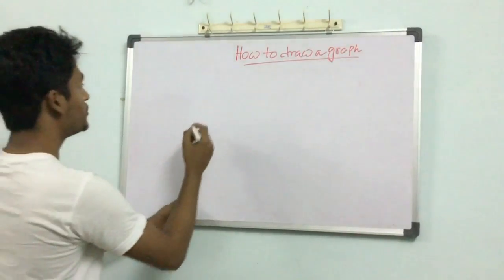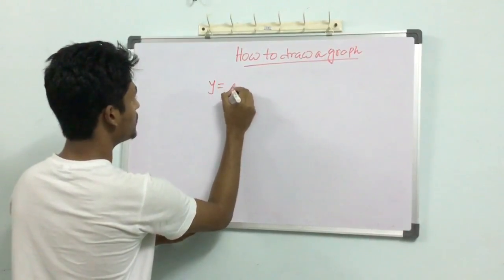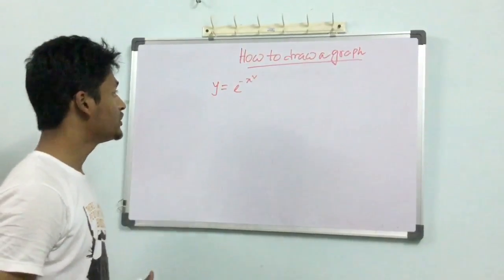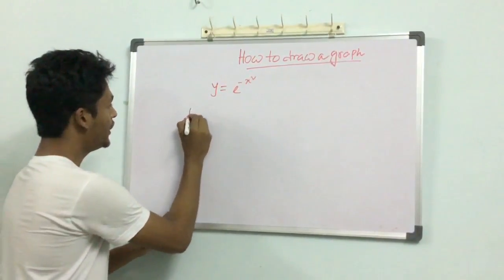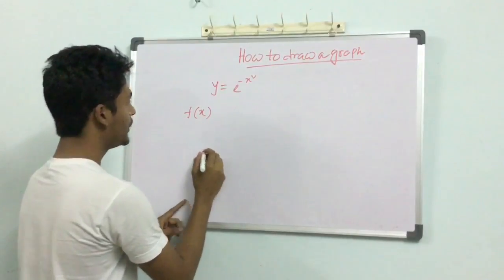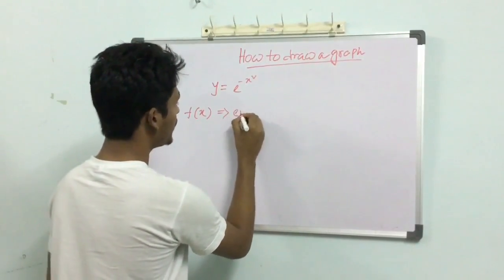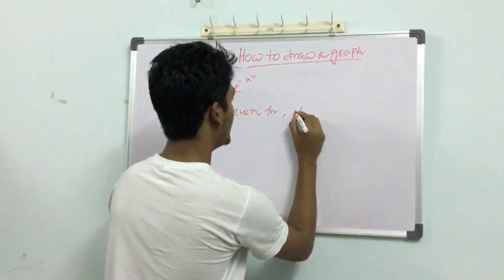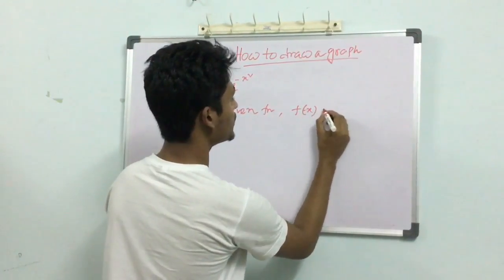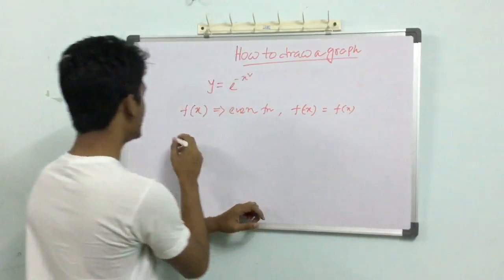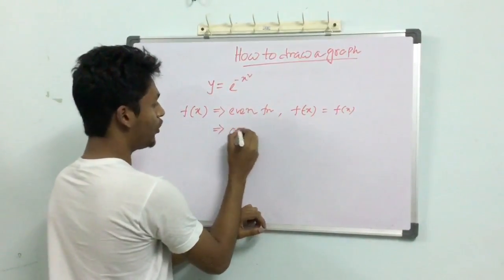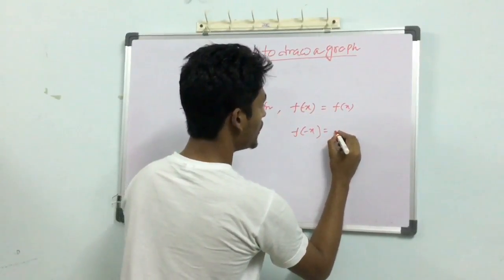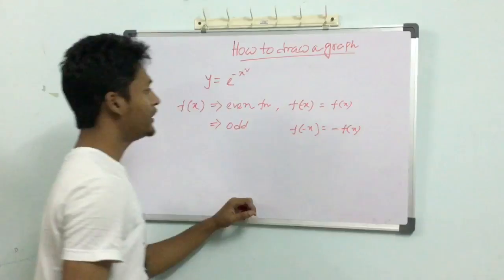So let us take one example, e to the power minus x square. So let me tell you one thing, that is if f of x is going to be called an even function, you already know, but I have to tell this. Okay, when f of minus x is equals to f x, and f x is going to be called odd when f of minus x is equals to minus of f x.